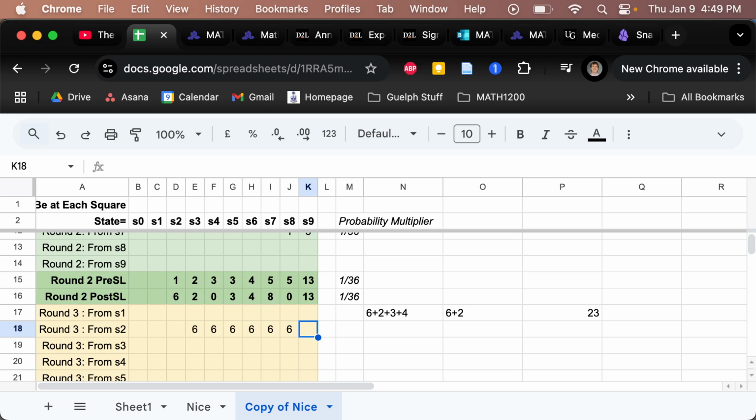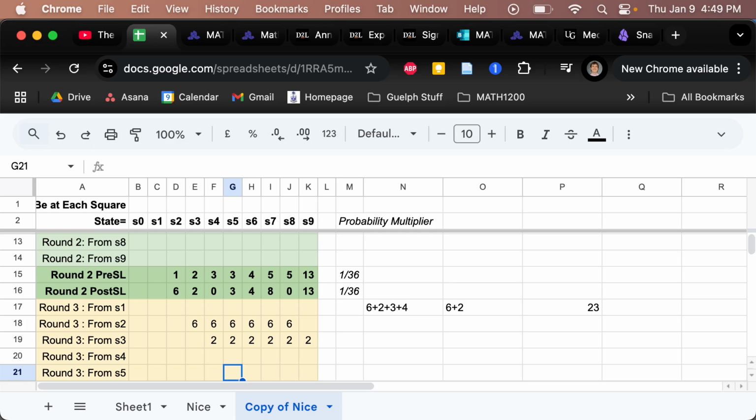If there's 6 ways to get to square 2, and then you can roll a 1, or a 2, or a 3, or a 4, or a 5, or a 6. That's the number of ways starting at square 2 to get to all these things. You can never be on square 1, so this one's all blank, all zeros. What about square 3? I guess this one will be 2, 2, 2, 2, 2, 2. And then square 4 is blank again.